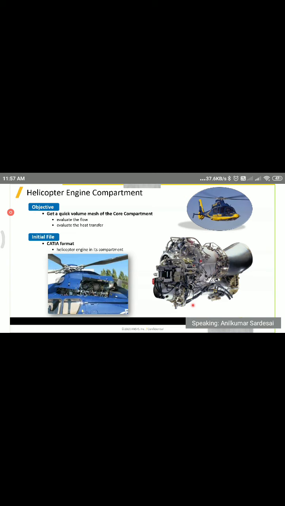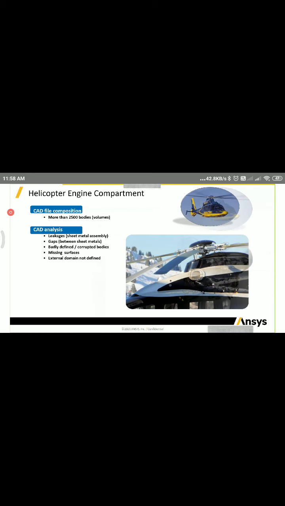So handling such a complex geometry where you have 2,500 plus bodies, and you might have some sheet geometry, some solids, there might be leakages or gaps or overlaps in them, or somewhere there might be a missing location and the domain is not defined. So it's a very huge task for a pre-processing engineer to do.